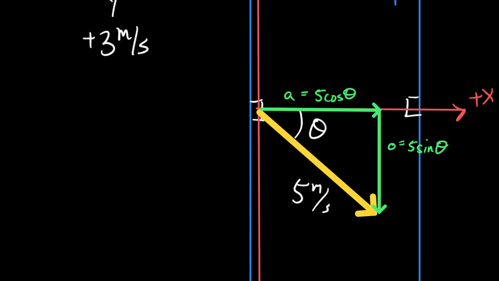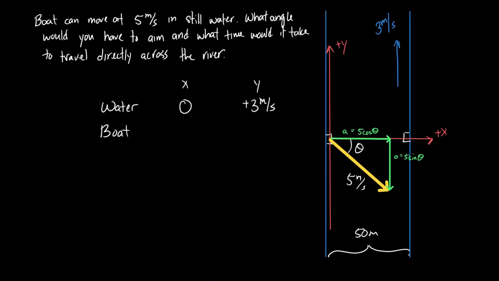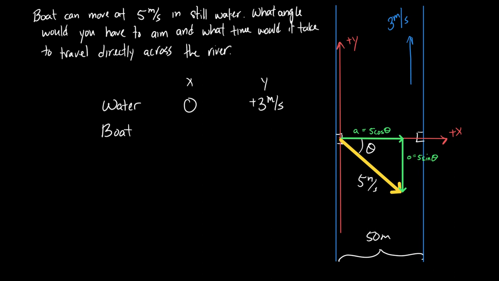And I notice that the adjacent side is in the x direction, and the opposite side is in the negative y direction. I'm going to go back to my problem here. The boat in the x direction is 5 cosine my unknown angle. And in the y direction, -5 sine my unknown angle. Any questions about this?